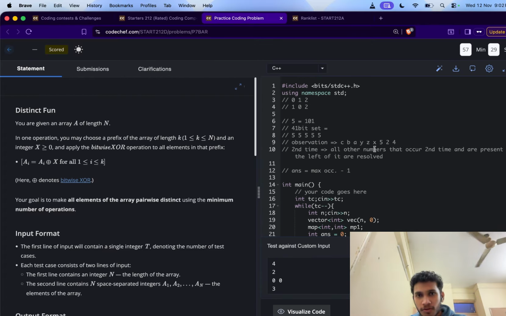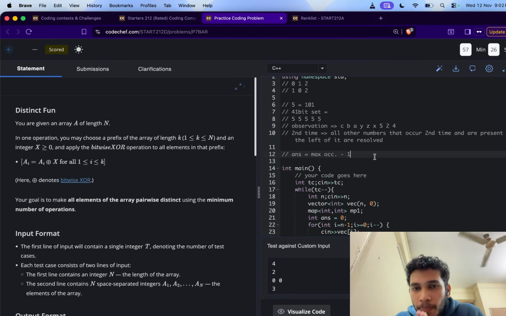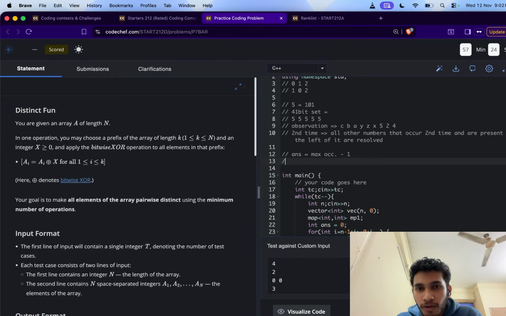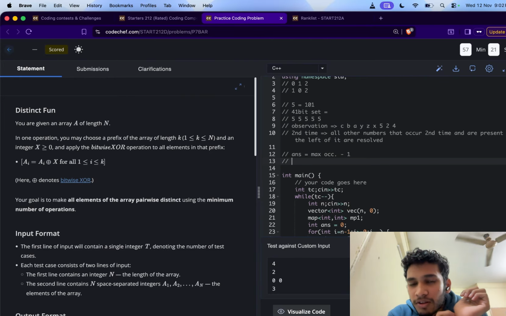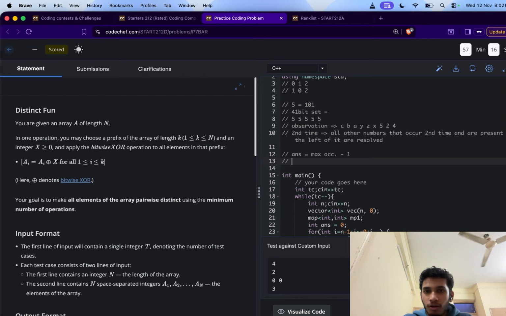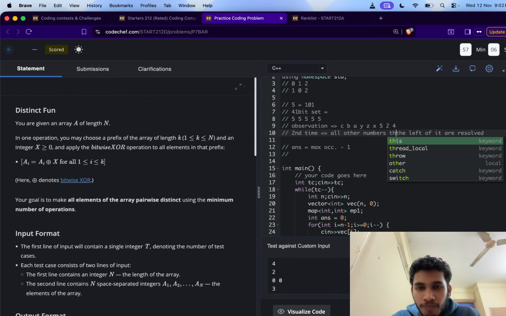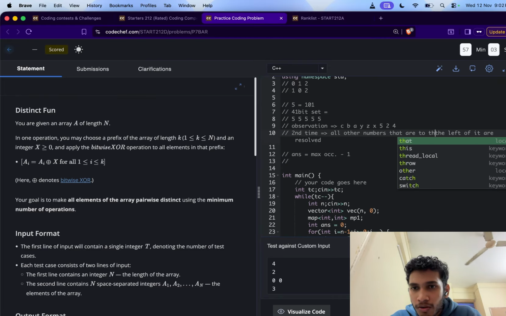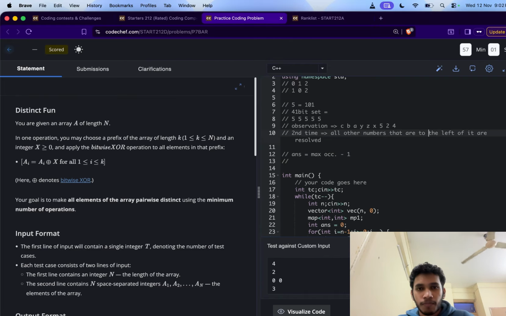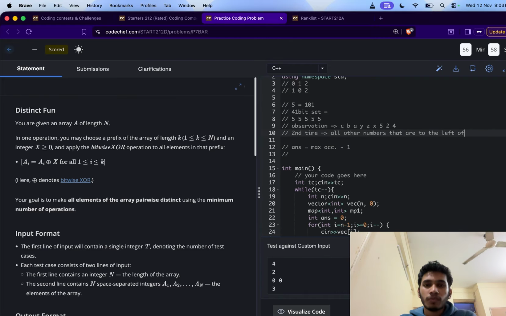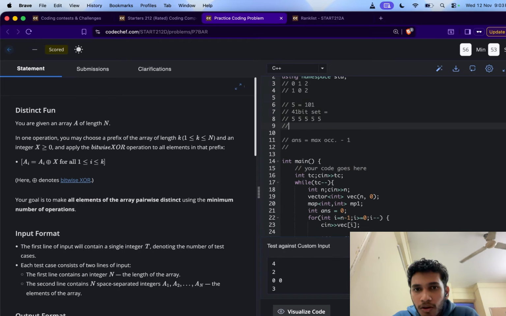Okay, so what was my observation? If a number occurs a second time from the right, then the other numbers to the left of it... Okay, let's restart with our observation.